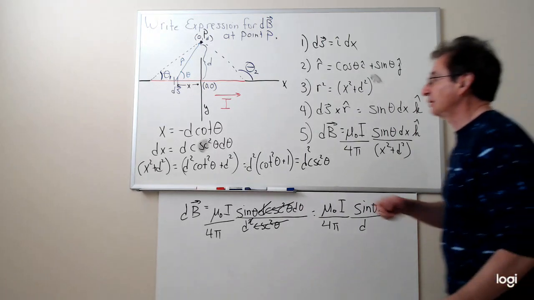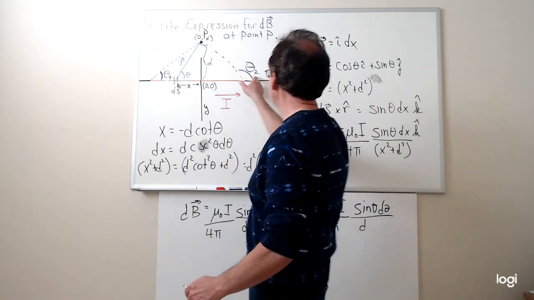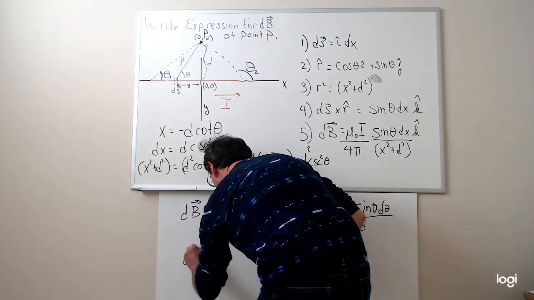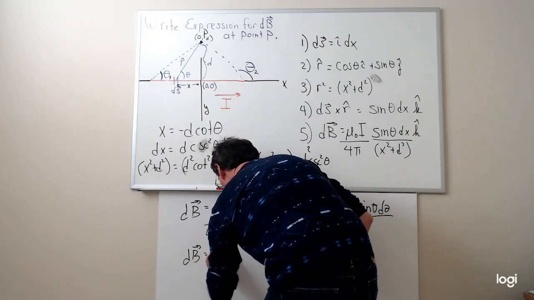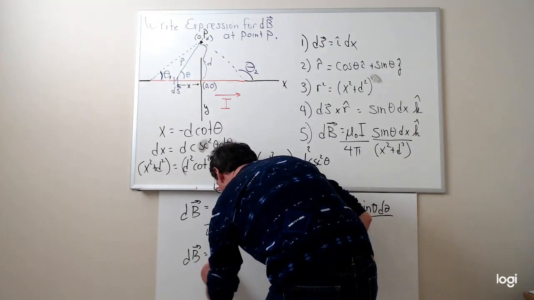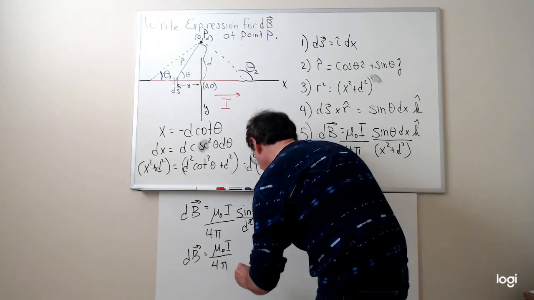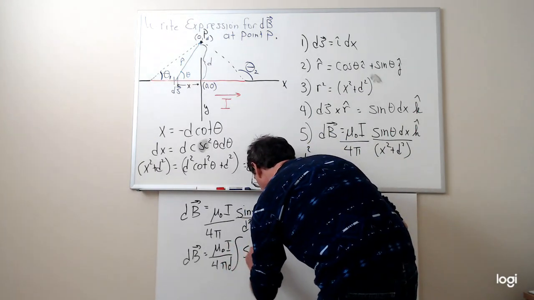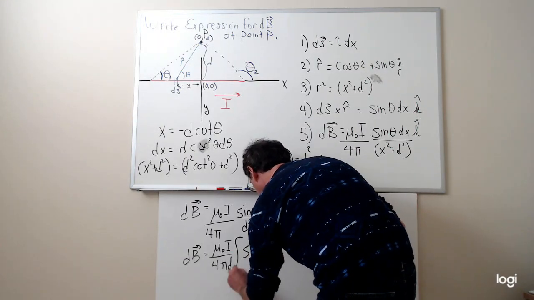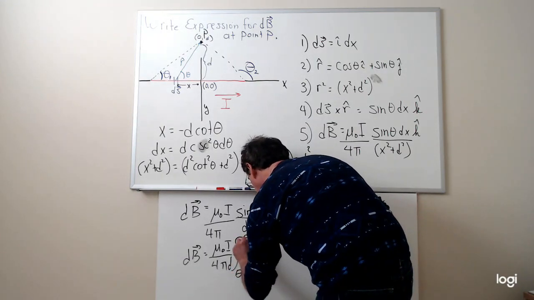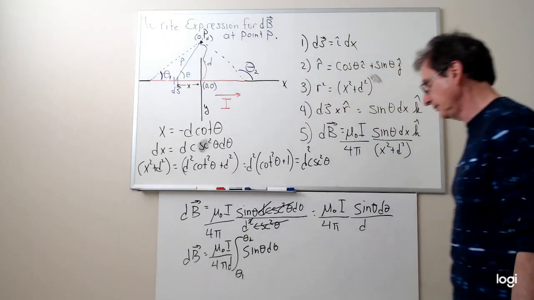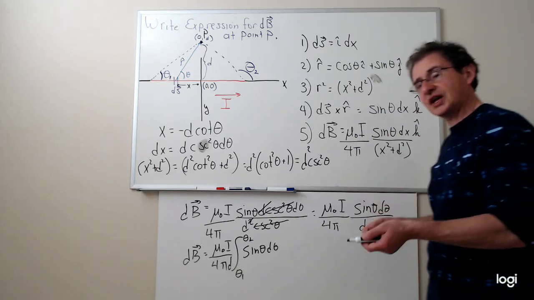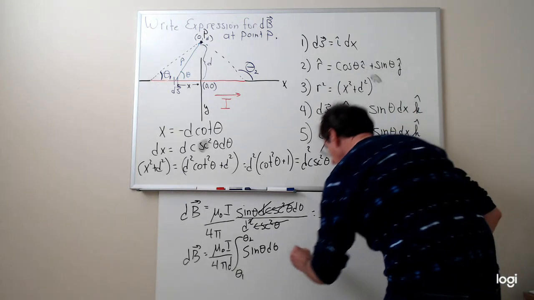Now I can integrate. I'm going to integrate from theta 1 to theta 2. Of course, the integral of sine of theta is minus the cosine of theta.